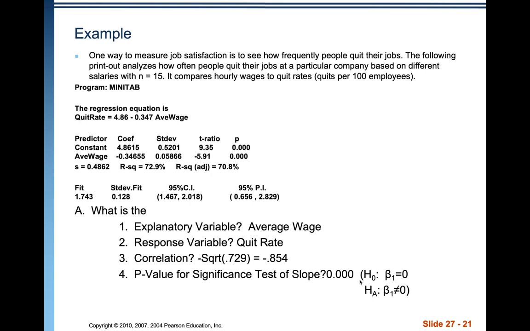Our p-value for the significance test of the slope, where the null is that beta 1 is 0 and the alternative is that beta 1 is not equal to 0, comes from the t ratio and the p for both predictors. We look at the one for average wage, and we get 0.000.